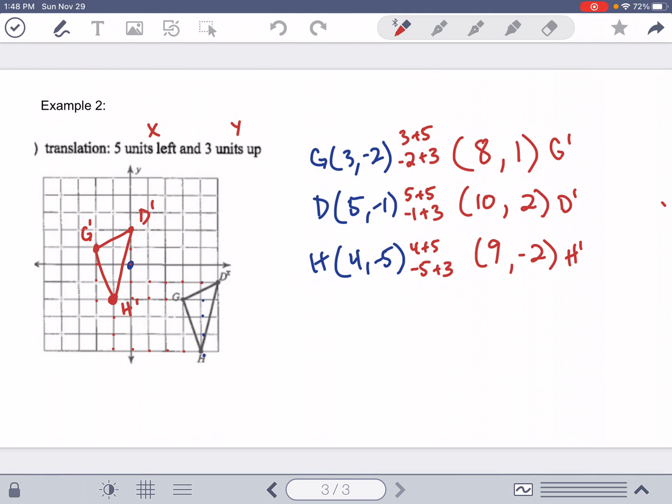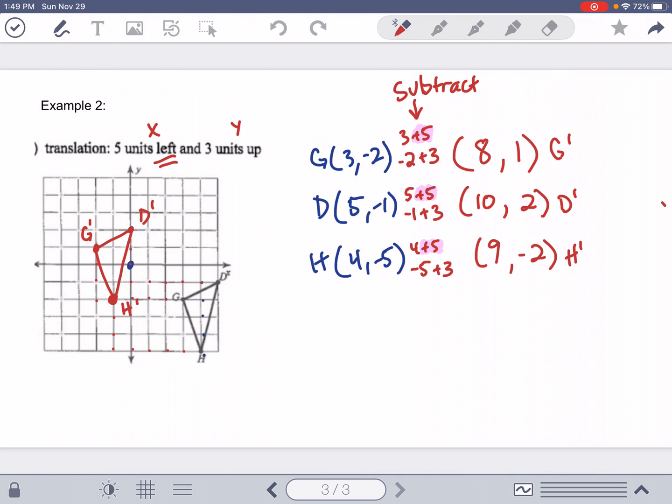When it says to the left, I added 5 each time. Right? Because I was going to the left. What should I have done? Right, subtract. So I really hope you thought that I was doing this wrong and you didn't understand it.